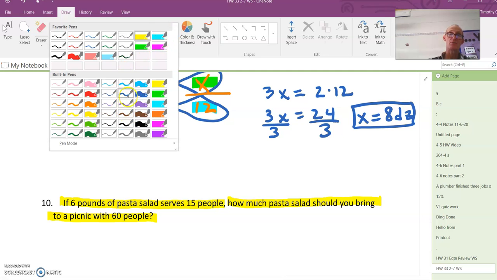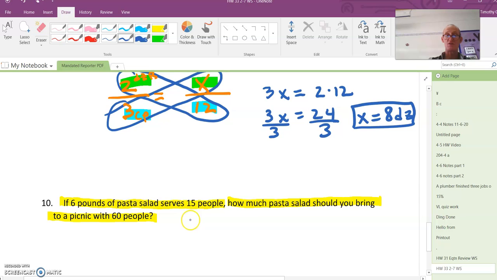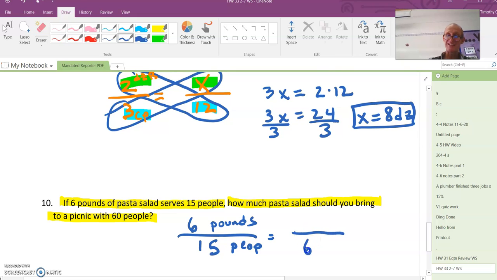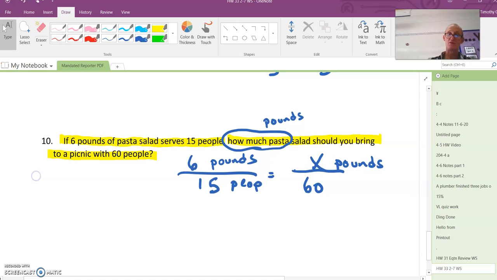So this is a proportion, and it's 6 pounds over 15 people equals, well, we need to put the 60 down here and have x pounds. So because how much pasta is how many pounds? X pounds.